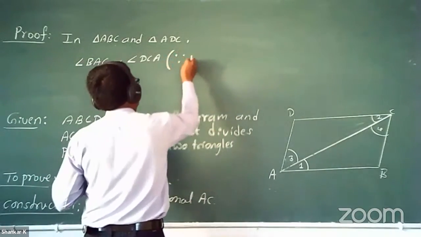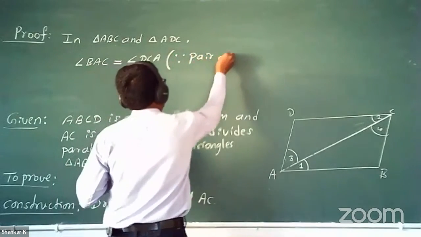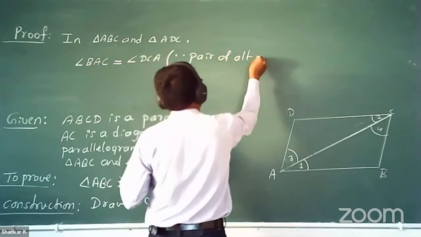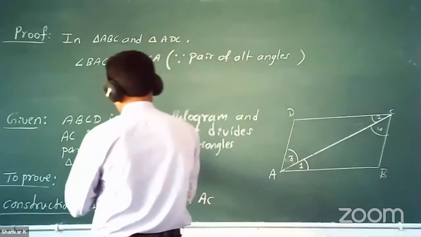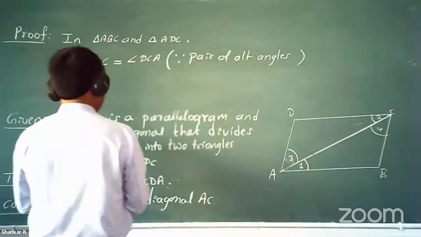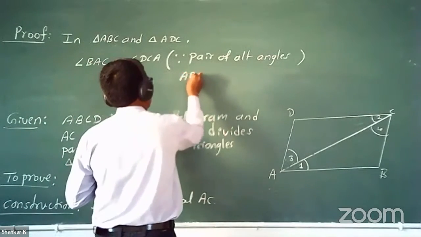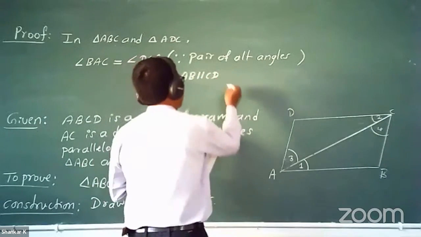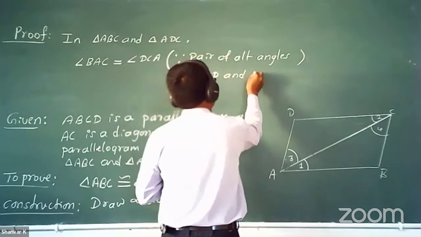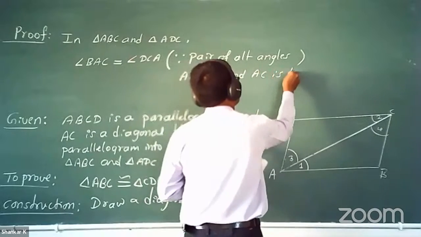Because these are a pair of alternate angles. AB is parallel to CD and AC is a transversal.